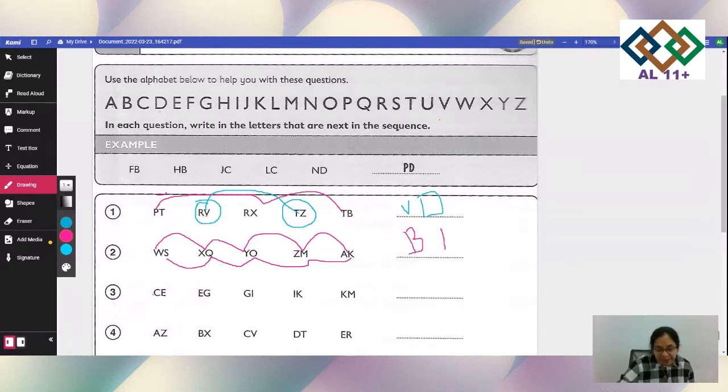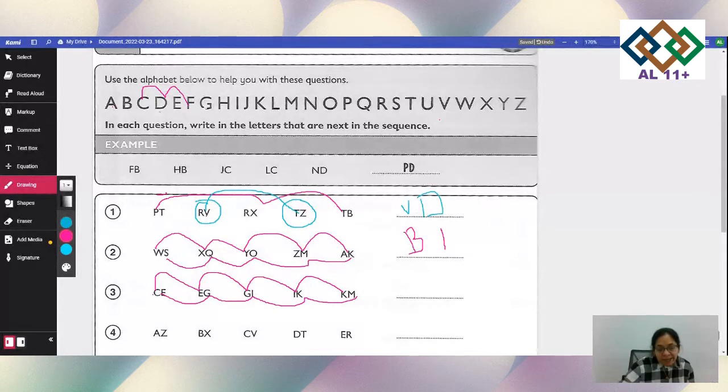So let's try doing number 2 now. In number 2, they are doing C to E, E to G, G to I, I to K. That's your top one. And the bottom is E to G, G to I, I to K, K to M. So C to E. C is here and your E is here. So you're going plus 1, plus 2. You're going 2 forward.